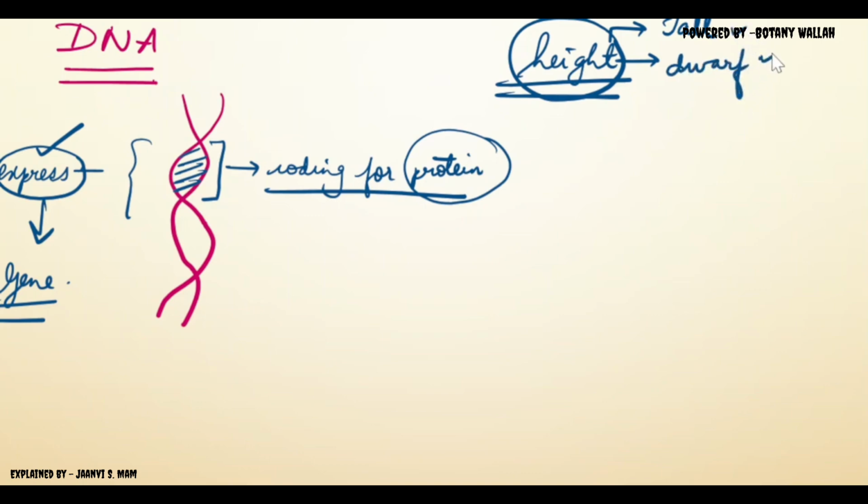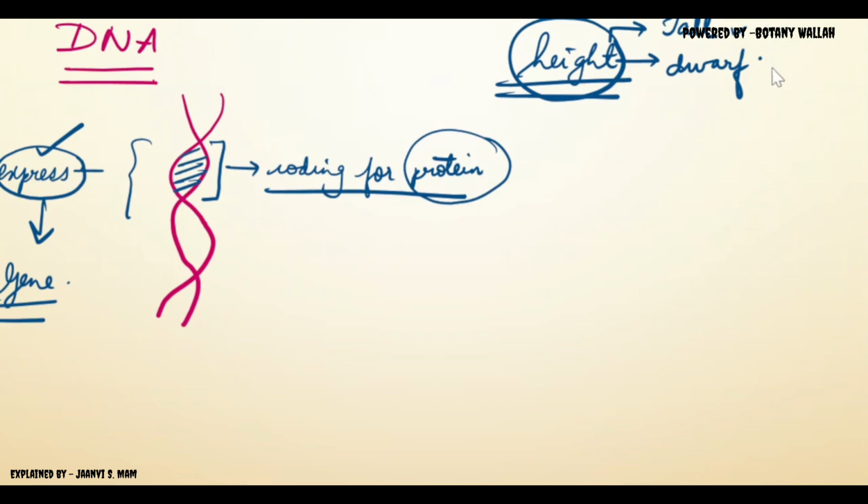So there will be a possibility of tallness in the organism, or a possibility of dwarfness in an organism. So there will be two possibilities of this particular gene. These two possibilities, we can say alternative forms of a gene, are known as alleles.